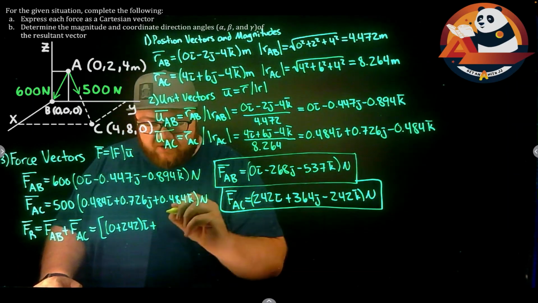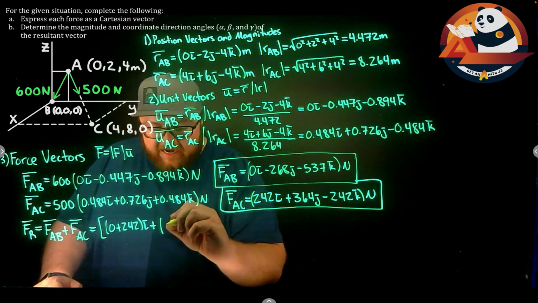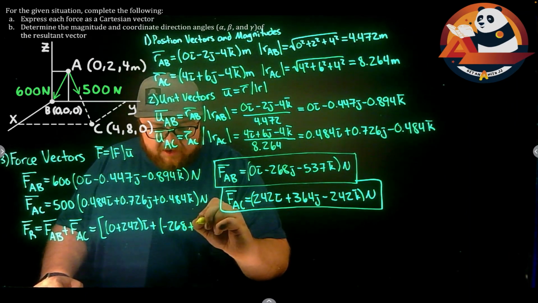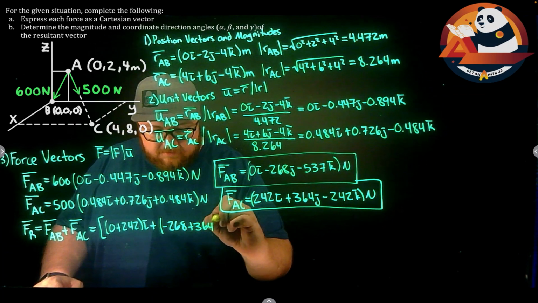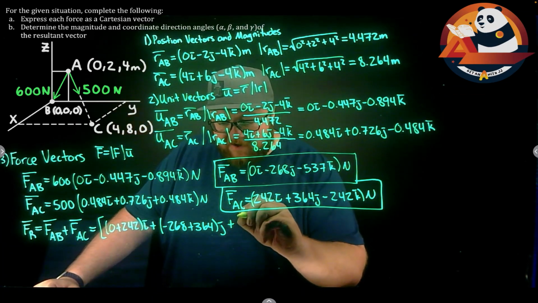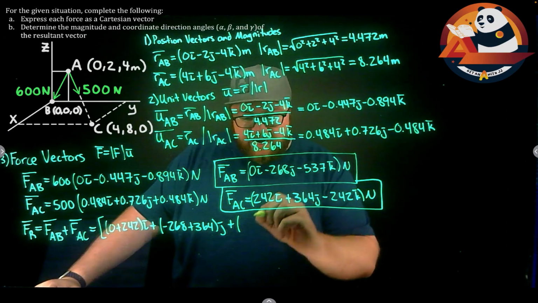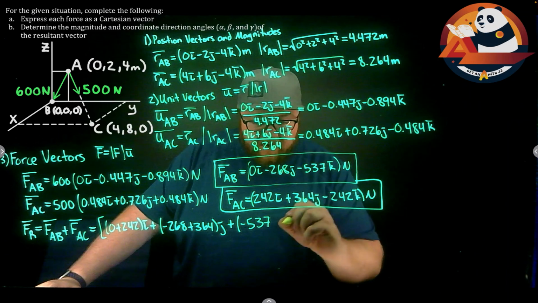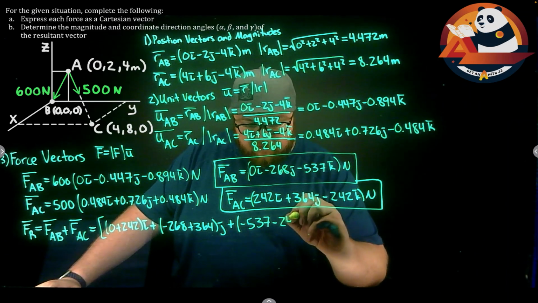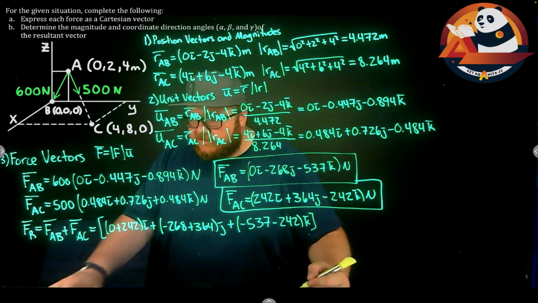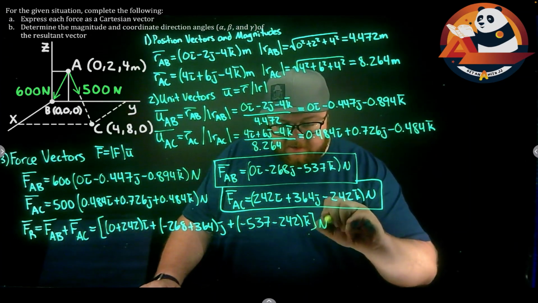Plus our two j components, negative 268 plus 364 j. And then same idea for our k, negative 537 minus 242k newtons for everything in here.